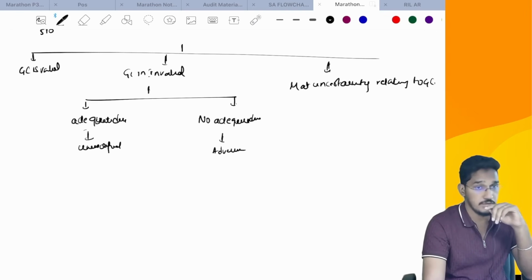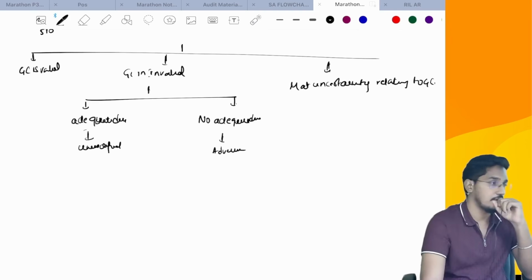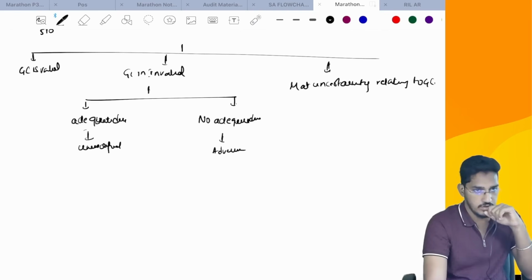Whether the entity will continue in the future or not is going to depend on some events that are beyond the control of the auditor and beyond the control of the management. If I have to give you one example, your client company is going through some pending case. The person who has filed the case is demanding a very huge amount of money. As on the balance sheet date, the proceedings are still going on.